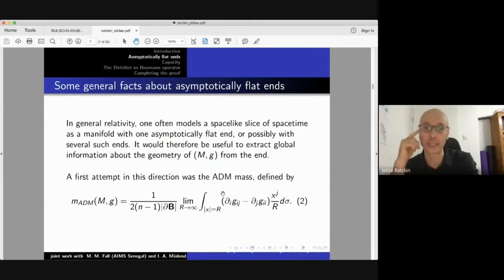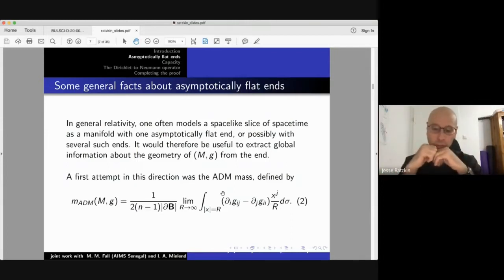So in general relativity, one often can use an asymptotically flat manifold as a model for a space-like slice of space-time. And there are physical reasons for why that might be a reasonable thing to ask for.